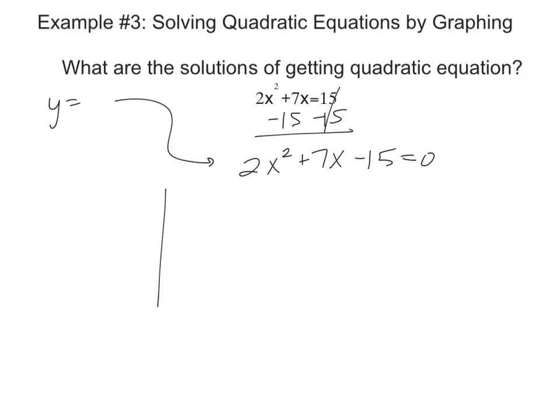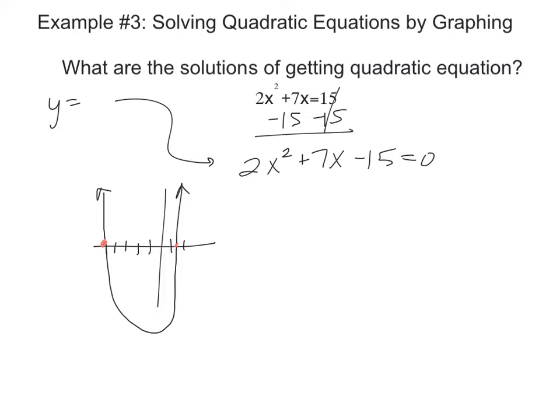So just as a sketch, it should go through negative 5, so 1, 2, 3, 4, 5, and then positive 1.5, so right in here, and it should go something like that. So again, my zeros should have been right here.